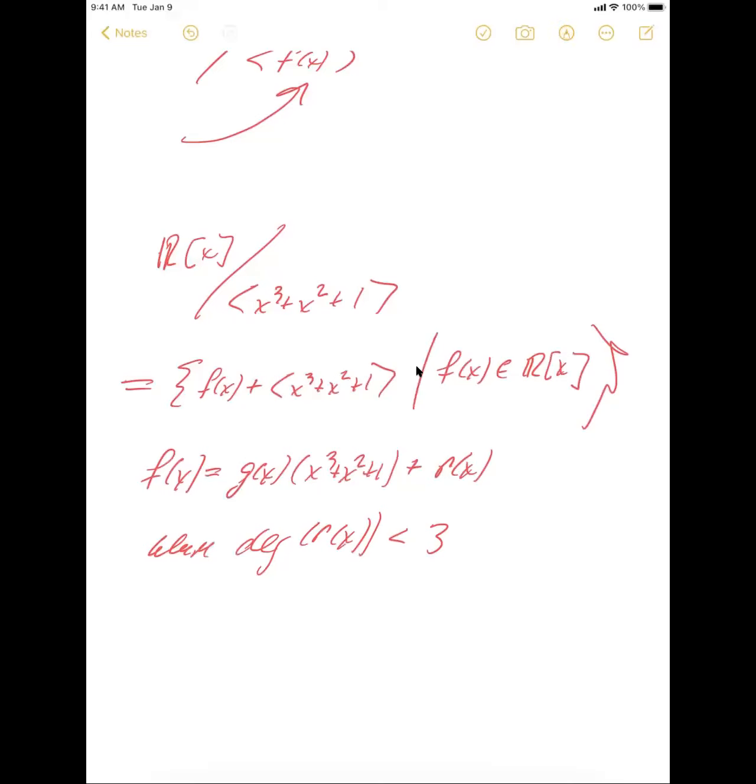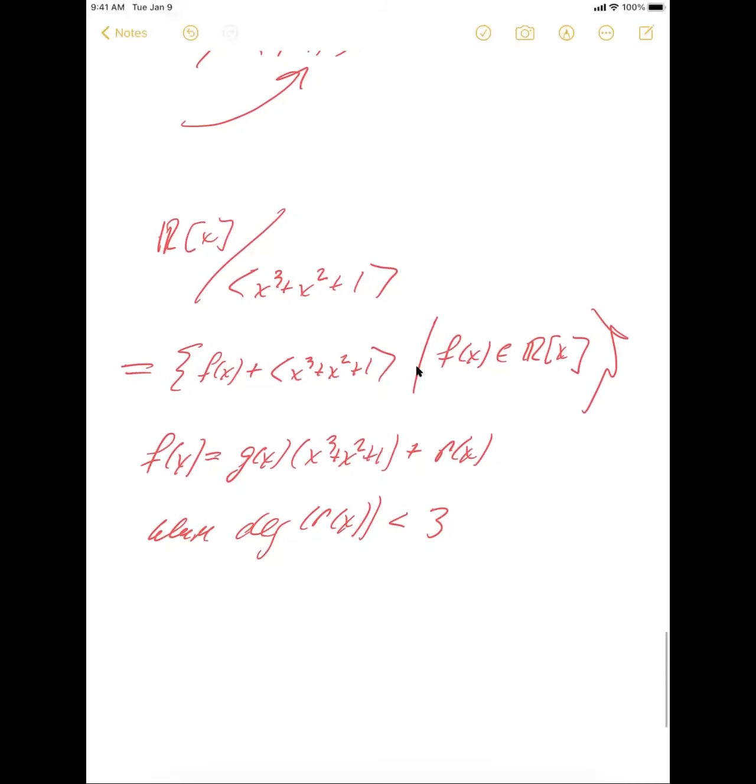Which means, because the difference f of x minus r of x lives inside the ideal generated by x cubed plus x squared plus 1, that means that they represent the same coset.